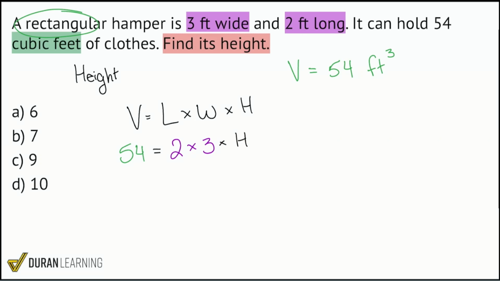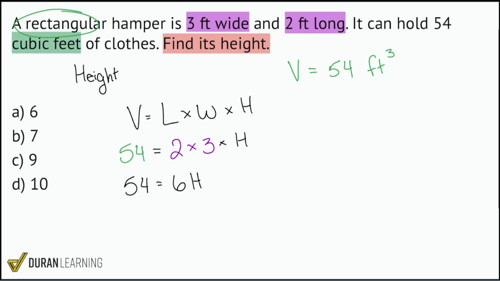So from here, to solve this, we just need to clean things up and then solve the equation. Notice that we are given the volume already. So it's not like we're just going to multiply these 3 things to get the volume. No, we have the volume and we got to work backwards to find the height. So we have 2 times 3. That's going to give us 6, so that'll be written as 6h.